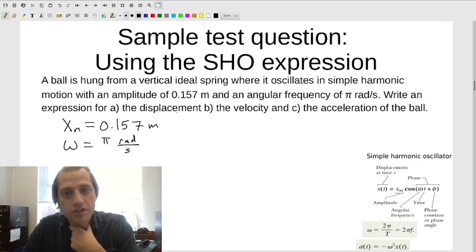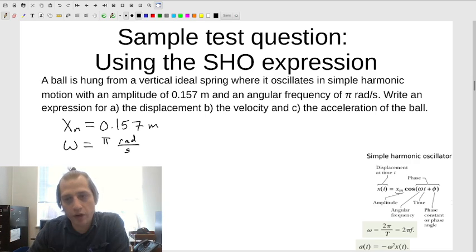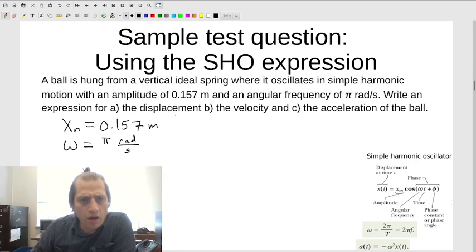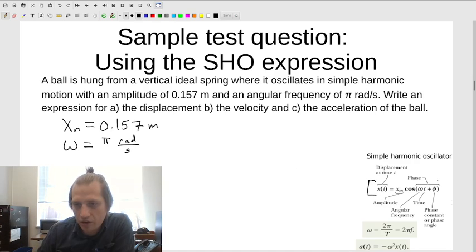Write an expression for the displacement, the velocity, and the acceleration of the ball. So all that I would want you to do in a problem like this would be to use this expression. And I know for some of you that seems easy, for some of you that seems very hard. So let's just quickly do it.